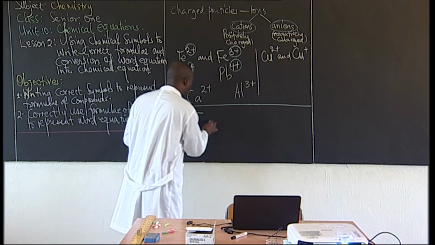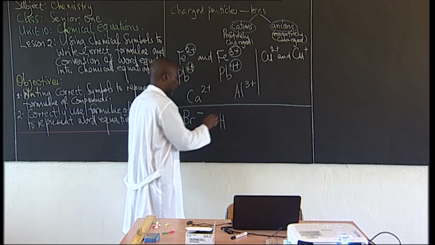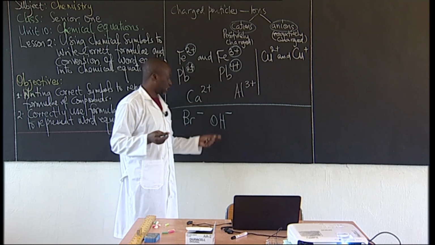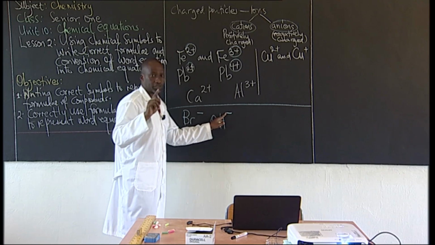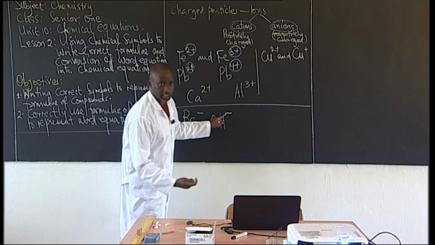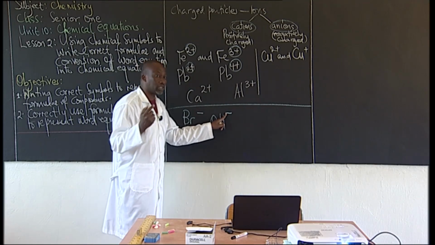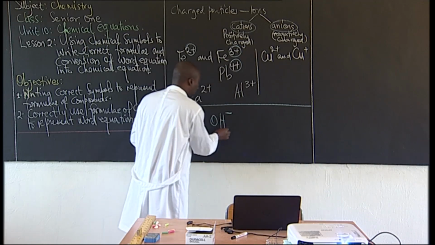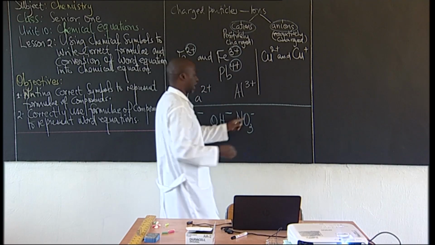So that's why the valence of the bromide is given as 1. When we say hydroxyl, this is the symbol for the hydroxyl radical. It has a negative here. It means that this radical has a negative charge, and how many negative charges are there? It is only 1. So that is why the hydroxyl has a valence of 1. When we say nitrate, this is a nitrate ion with a negative.